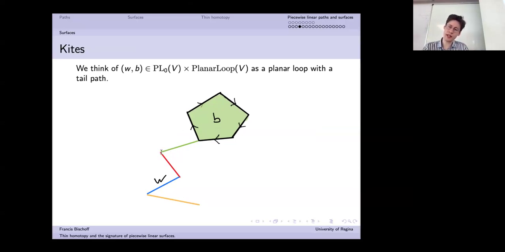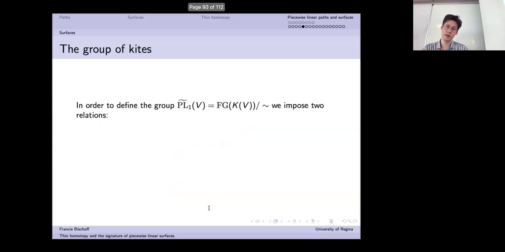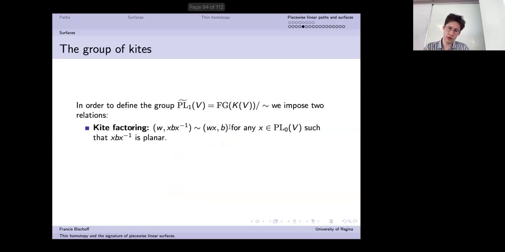Then I can consider that as part of B and consider W just the red, blue, and yellow part. So it's not necessarily clear which part should be the tail path and which part should be part of the loop. That's what this equivalence relation is saying: you can exchange paths between the loop and the tail path as long as you maintain this planarity.